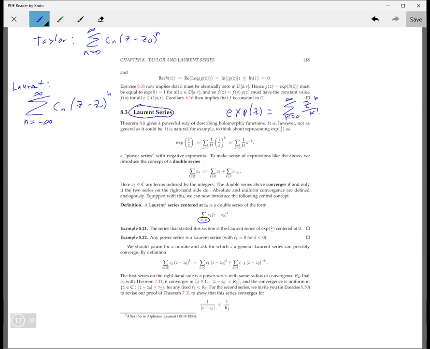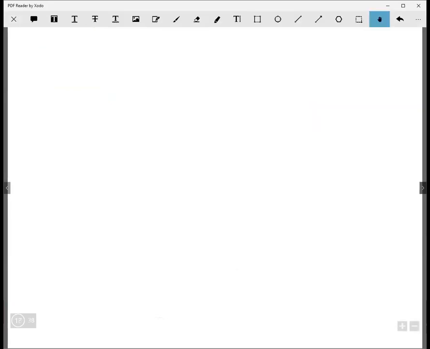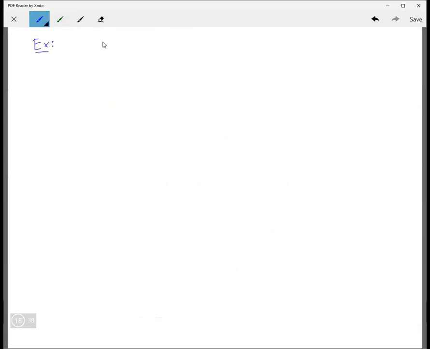Okay, I'm going to go over a really important example. This is something you're familiar with, hopefully: 1 over 1 minus z. How do you write that in a Taylor series? Okay, we're talking Taylor series. You guys remember what that is? z to the k.